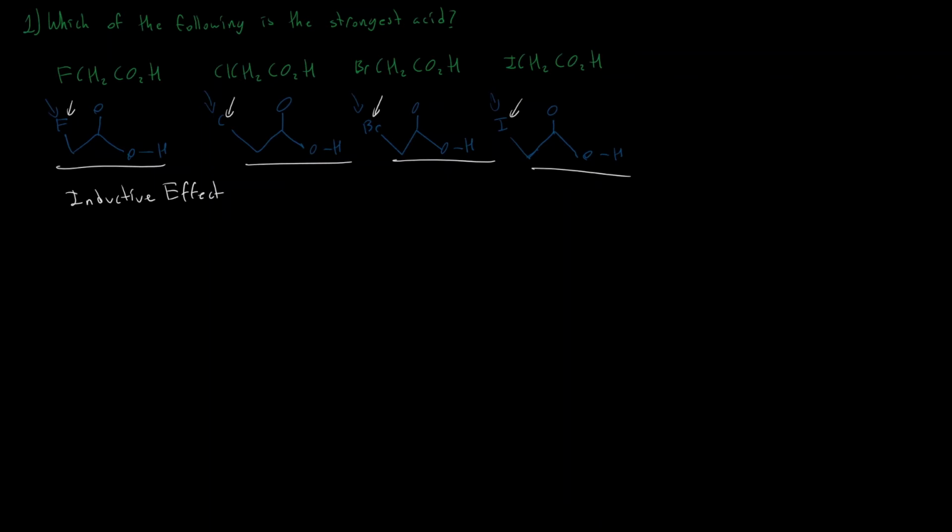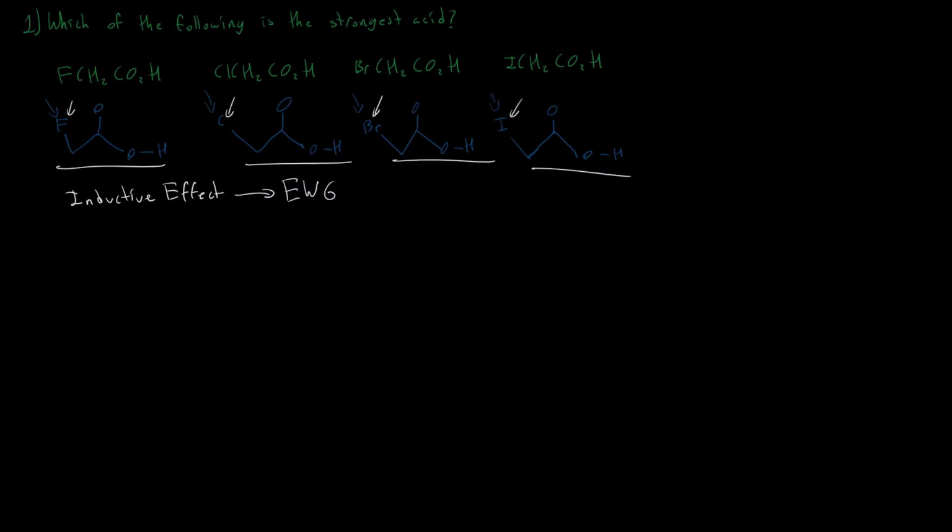So, now that we know the inductive effect is what we should look at, how do we know which one of these is the most acidic? As we know, the inductive effect relies on the electron withdrawing group. So, the more electronegative an atom is, the more electron withdrawing it is, the higher electron withdrawing capability it has.